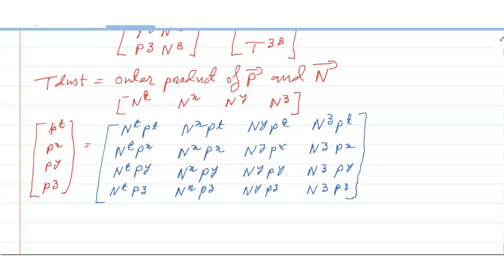In terms of array, the dust energy momentum tensor is the outer product of the four-momentum and the number flux four-vector. Using more abstract tensor notation, the energy momentum tensor for dust is just the tensor product of the four-momentum and the number flux four-vector. This helps.